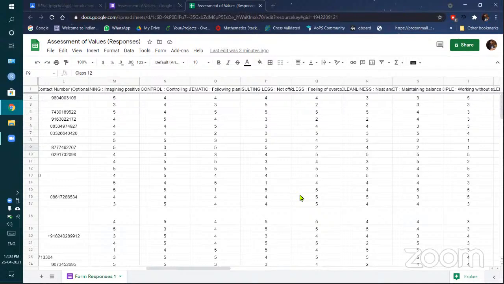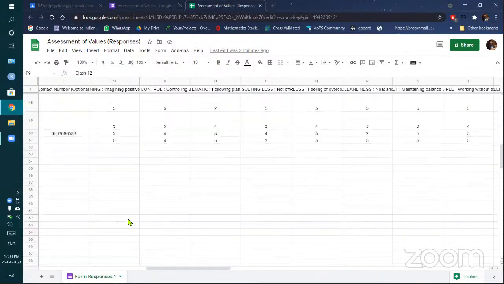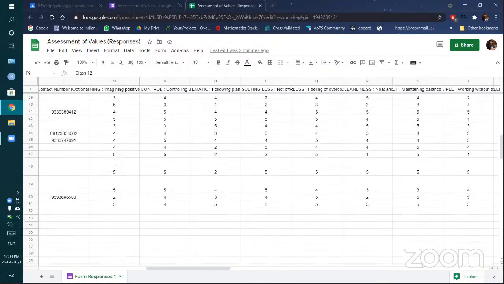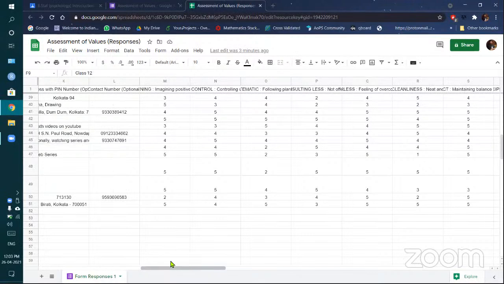Sir, I guess it's better to see from the summary, because you can make these bar charts. So now you calculate the average. You go below. Yes, sir, after 50.